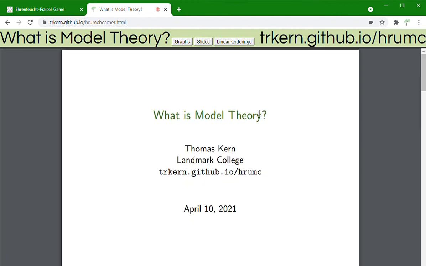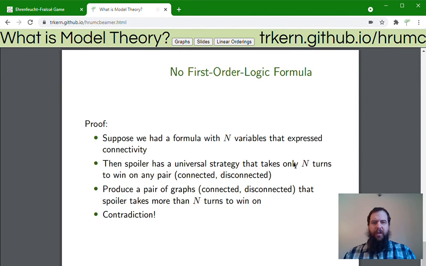So the first order logic for graphs is not very expressive, and it turns out there are actually some really cool theorems about how unexpressive the first order logic of graphs is. If you really want to reason about graphs, you really want to use second order logic.